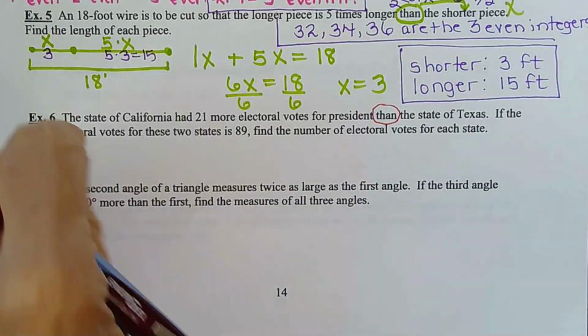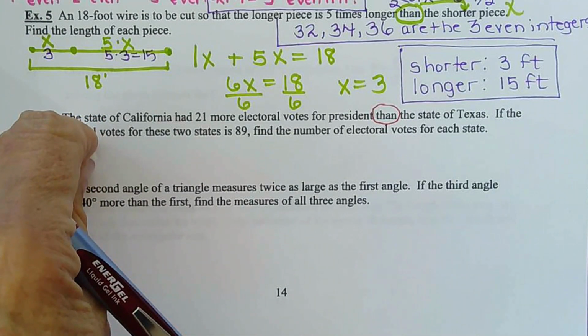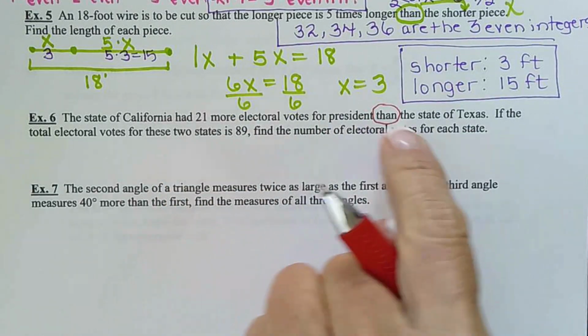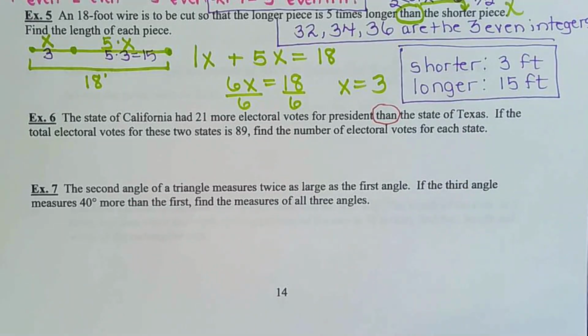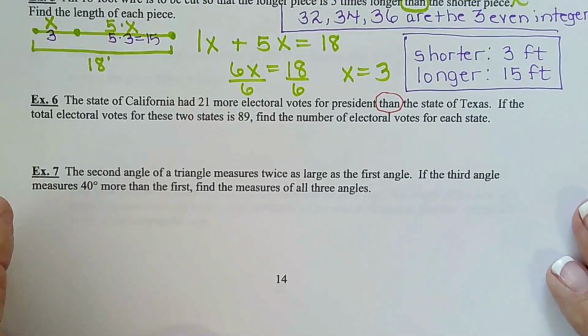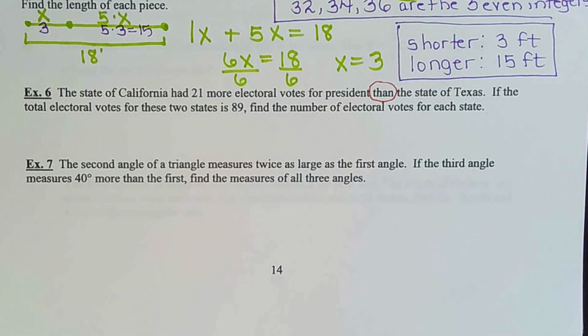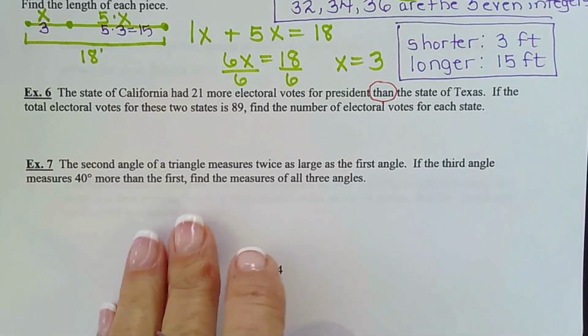Okay, so write your variable statements, write your equation, solve the equation, and then make sure you answer the questions. So go ahead and take a couple minutes, shut off the video, see if you can do that all by yourself. Very typical problem for a test.